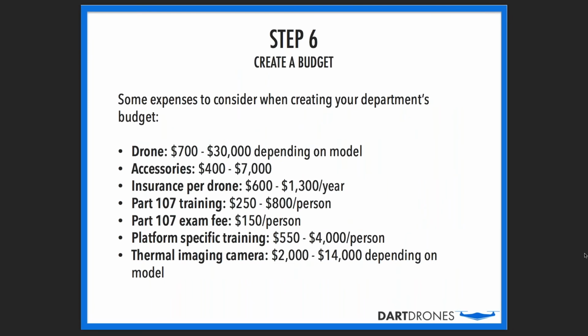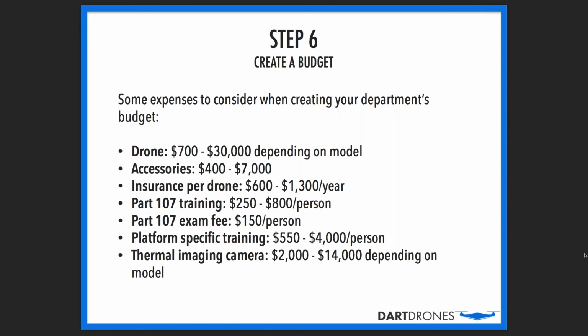Budget, budget, budget. This is always an issue, especially with public safety, because most of us do not have $20,000 laying around to where we can just go and use it for whatever we want. Typically, this is going to require approval from a city council, county council, depending on what your program happens to be. So, aircraft, sky's the limit on this one.